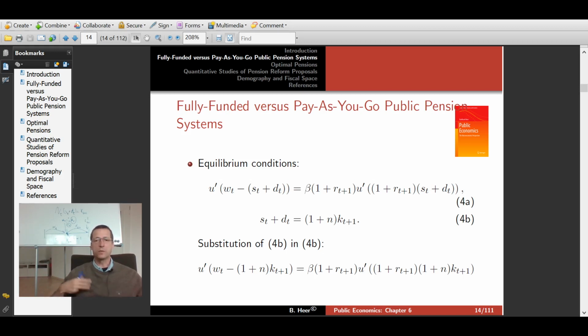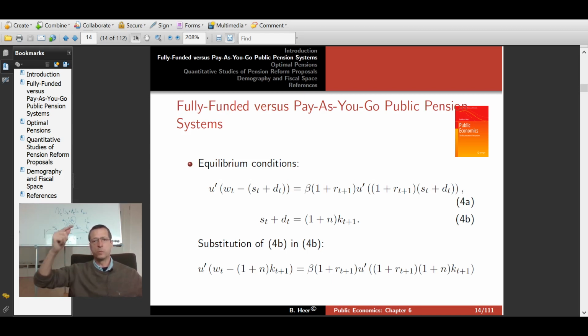And in this case, of course, a fully funded system would have an impact on the allocation in our economy. So in this particular case, if D_t rises above a threshold and s_t cannot become negative, this would increase capital accumulation in our economy.